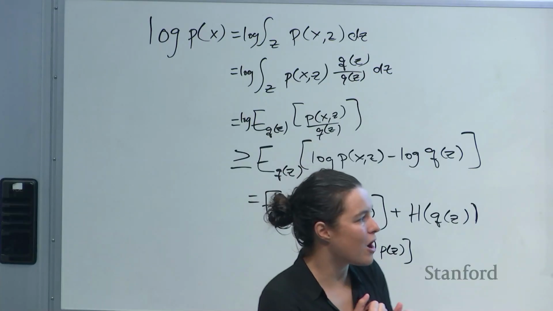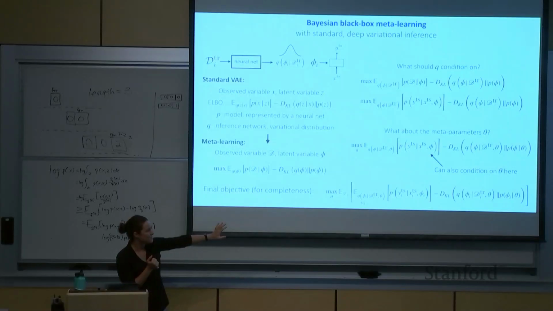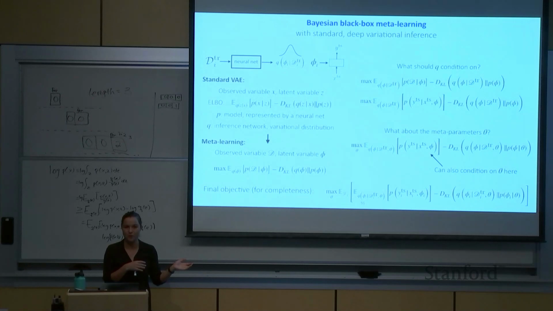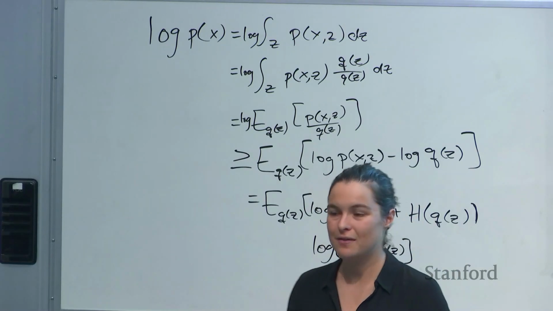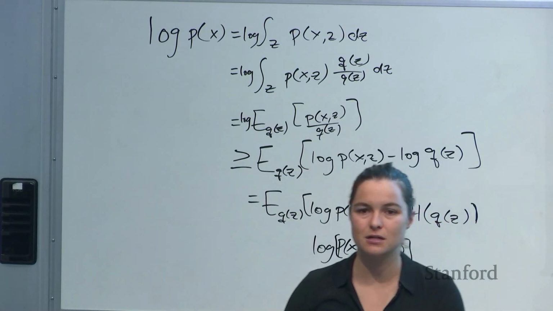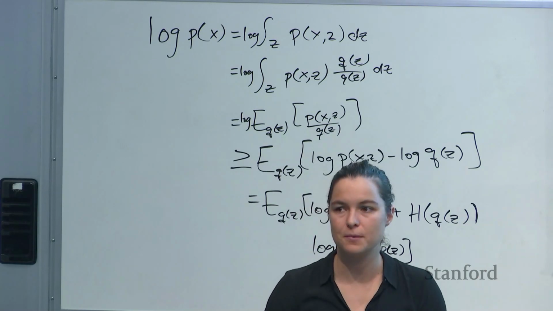Note that if you drop this right KL term, we get something that looks exactly like what we've been optimizing before. This KL term is what ensures that it corresponds to a distribution and that we're actually maximizing a lower bound on the likelihood in this graphical model.